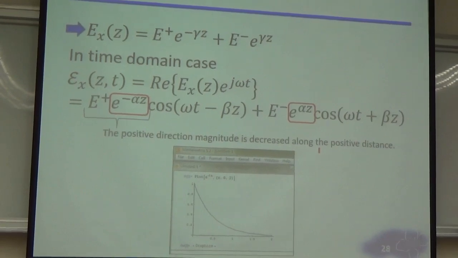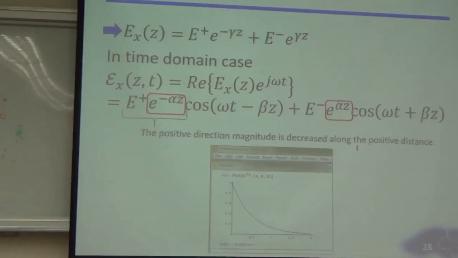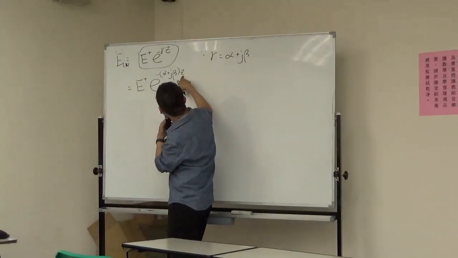For the lossy case, because gamma equals alpha plus j beta, your E field, or maybe I just write z and I don't need the vector, will equal some magnitude multiplied by exponential minus alpha plus j beta times z.